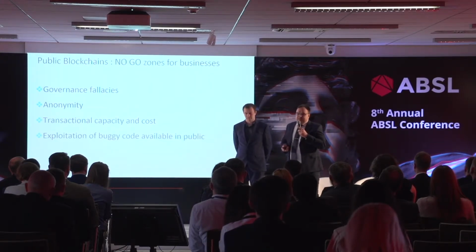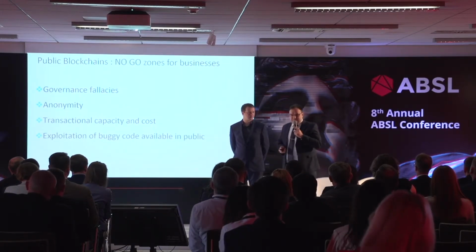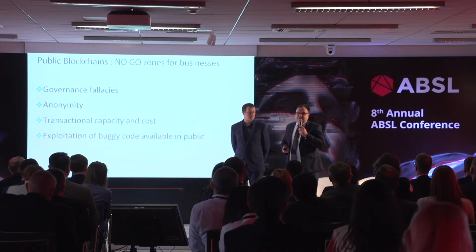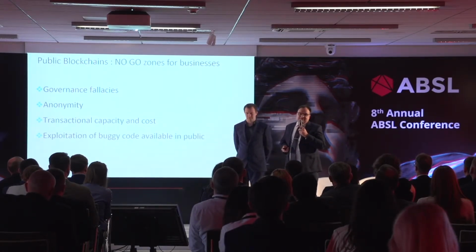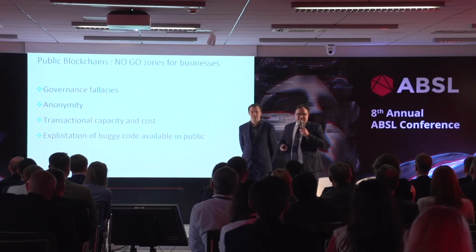The third aspect is transaction capacity and cost. Just to give you an example, the Bitcoin network transacts at 7 transactions per second. Compare it with Visa or MasterCard. Absolutely unacceptable. And the cost. Anyone has Bitcoins? Try to trade it? No?